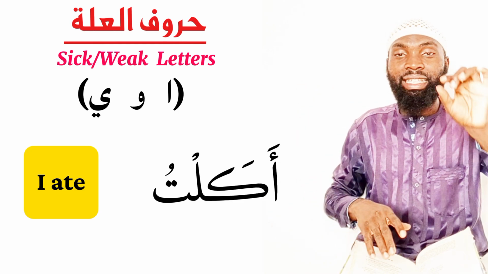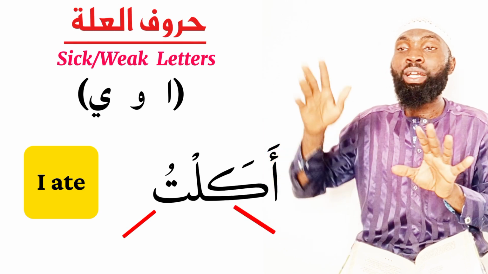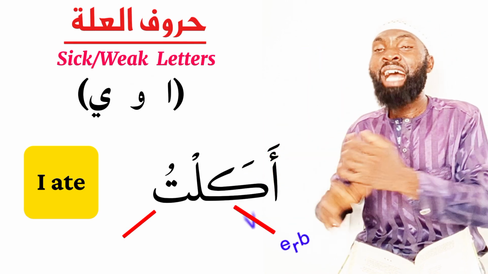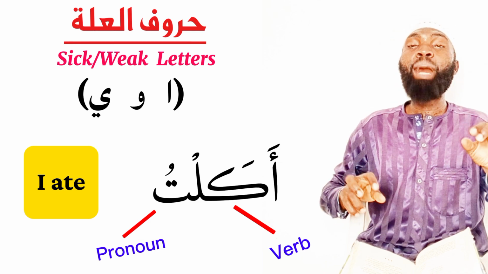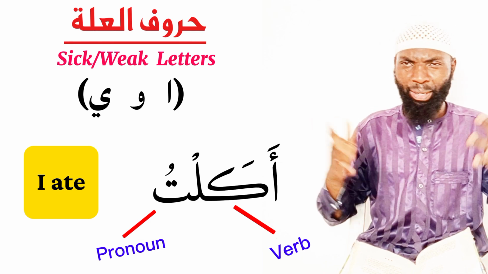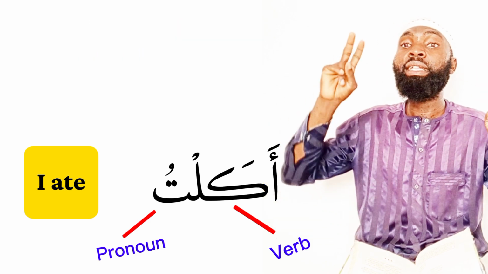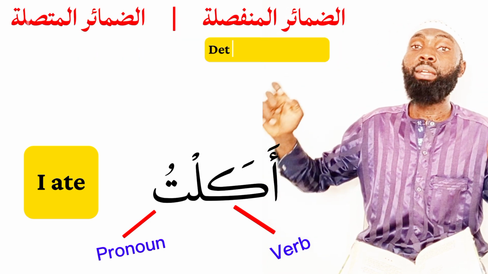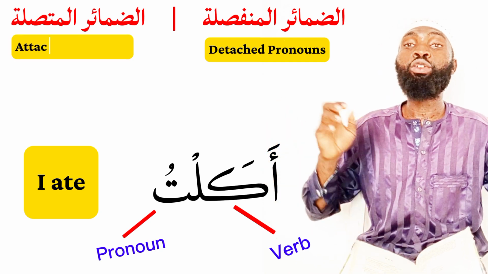This word akaltu is a two-in-one word, because akala is the verb, and the tu is the pronoun 'I'. This type of pronoun is called an attached pronoun, because we have different types of pronouns: the detached pronoun, al-damairul munfasila, and the attached pronoun, al-damairul muttasila.